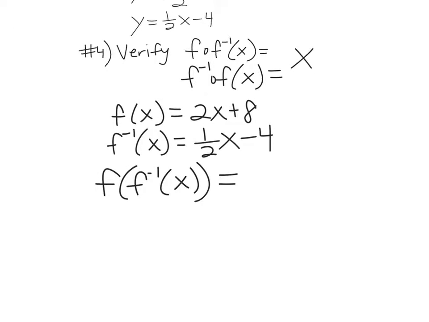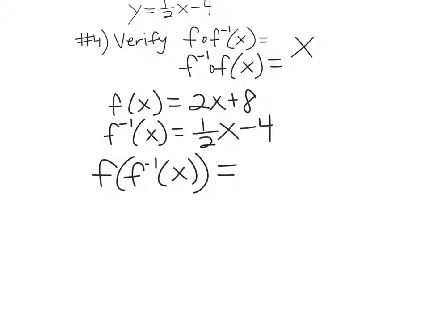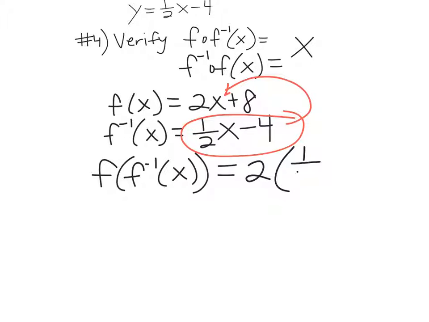All right, I'll do this one with you. Let's go ahead and pick up the inverse. We're going to pick this one up, and we're going to plug it into our function. We did composition of functions already this year, right? All right, so you get 2 times 1/2 x minus 4 plus 8.